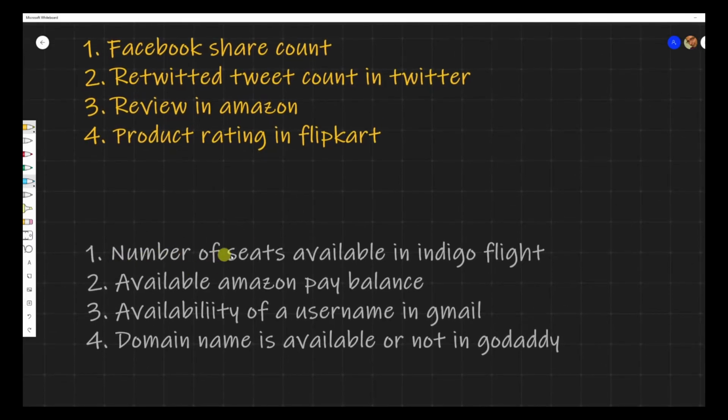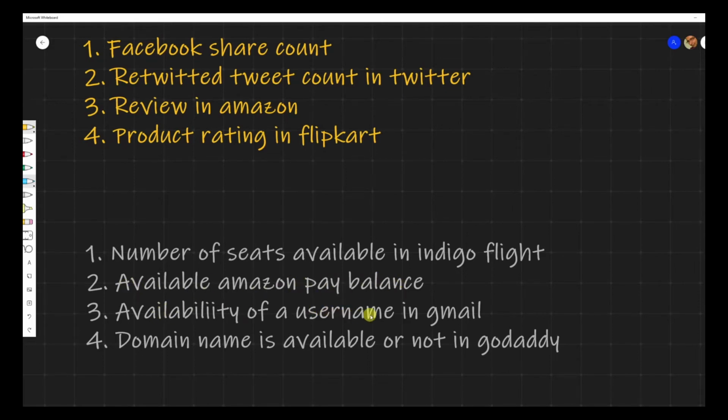But think about these scenarios over here. The seat count in a particular flight in Indigo is showing some wrong data, right? It's not acceptable. So we need very strong consistency in this scenario. Available Amazon Pay balance: let's say I have $1,000 and I have spent 100, but it's showing 1,000 to me. It's not okay to be eventually consistent on that, right?